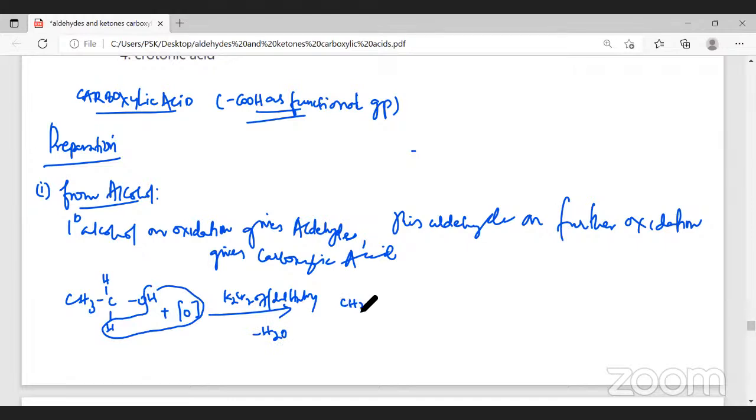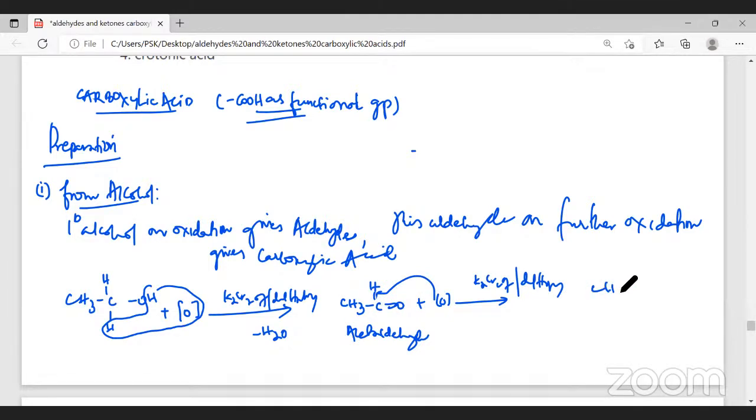We get CH3CH double bond O. This is called acetaldehyde. This acetaldehyde on further oxidation with a strong oxidizing agent, the oxygen attacks the hydrogen. Therefore, you get CH3C double bond O, OH. Or we can write this as CH3COOH. This is nothing but carboxylic acid.